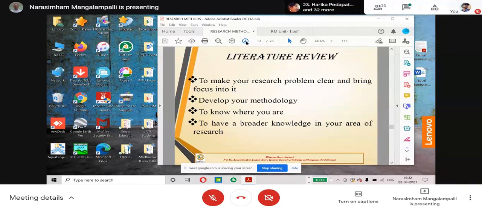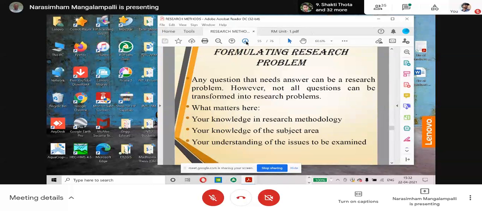That will be provided only through studying the work already done by several investigators earlier to you. So your knowledge base will be broadened and your technical foundation will be more solid.